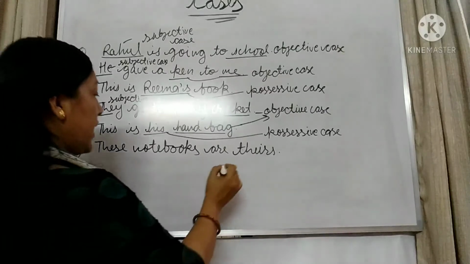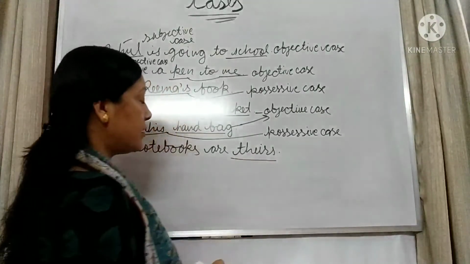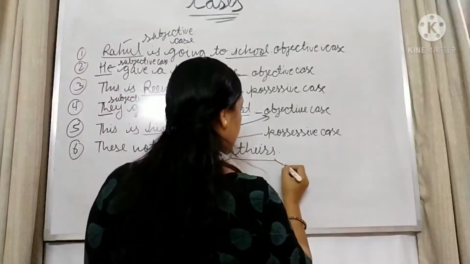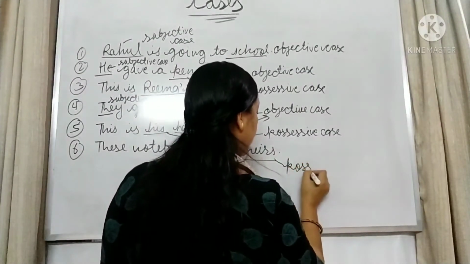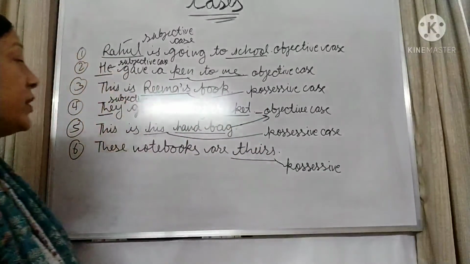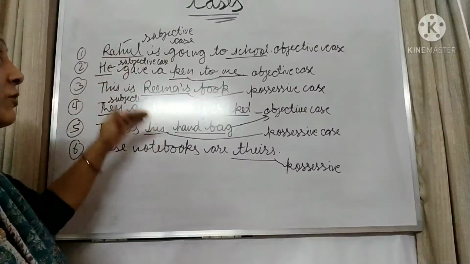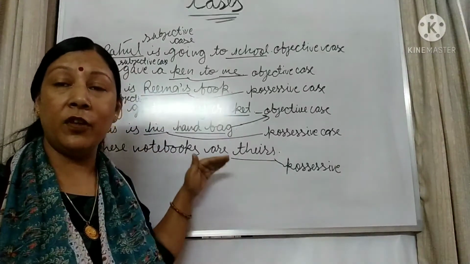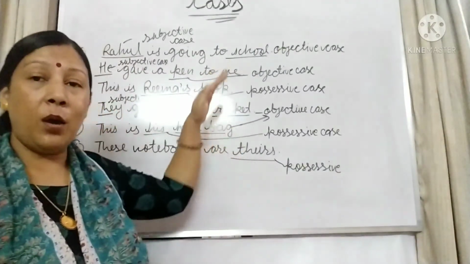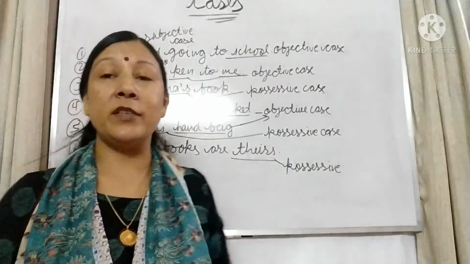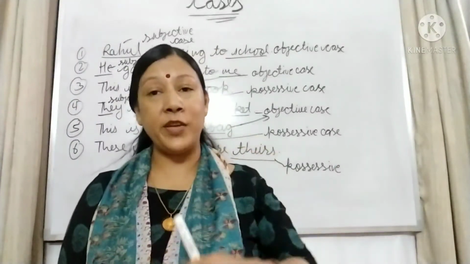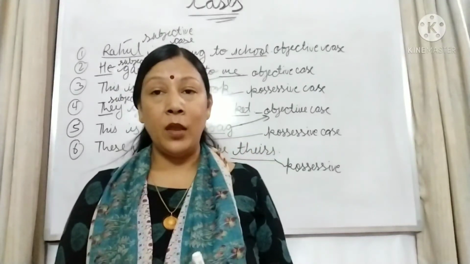So theirs here is what? Possessive case. By these examples, you can understand all three cases: subjective or nominative, objective and possessive cases. I hope it is clear to you.